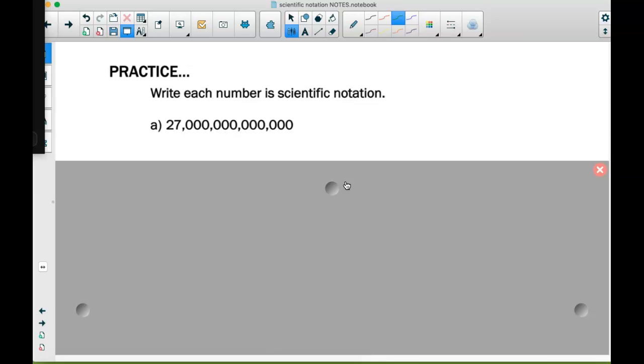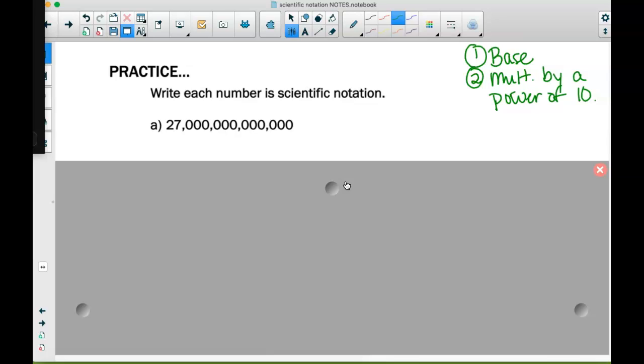Okay, so write that number down in your notes, 27 with 12 zeros. And we have 2 steps. Step 1 is to get the base. Step 2 is multiply by a power of 10.